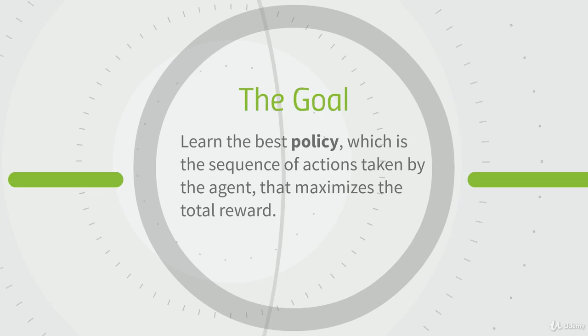It's to make the best policy, which is going to be a sequence of actions taken by the agent that maximizes the total reward. For example, if we're playing the game of chess, we don't necessarily want to just make a good move at every single instant. We want to win the game.